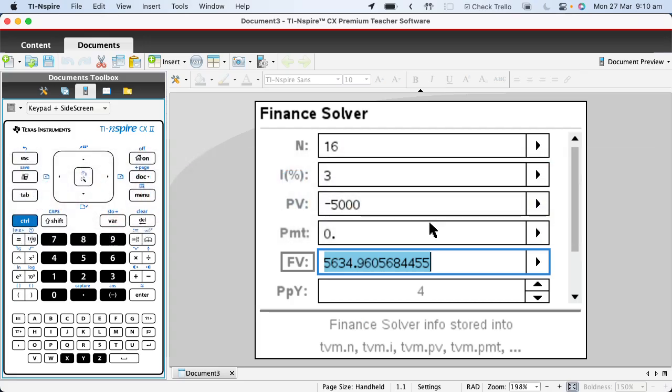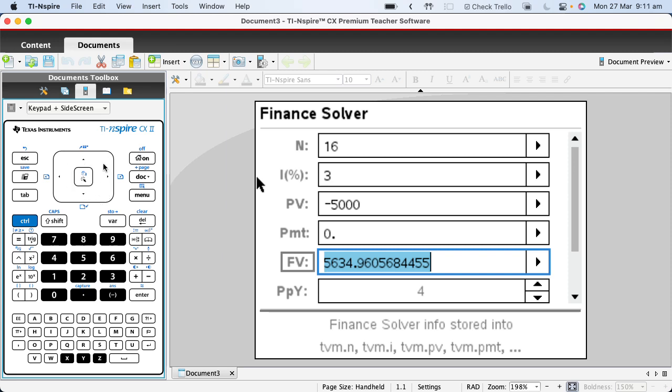So £5,634.96. What do you think? Tab. Try using tab. Yeah, cool. Yeah, I find the interface to be quite clunky. I find this thing here drives me crazy, really.